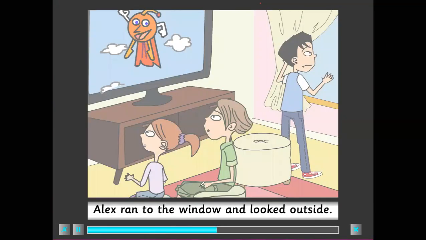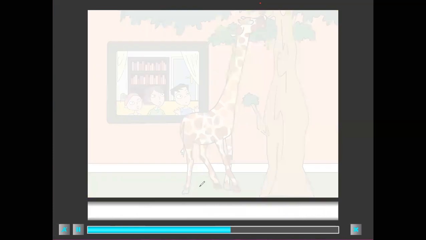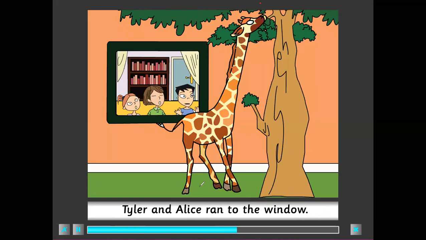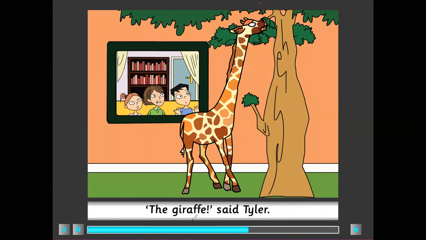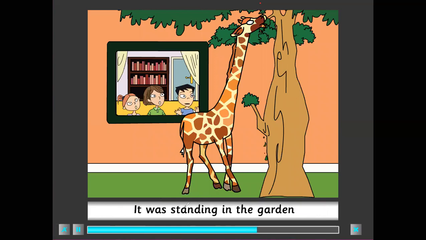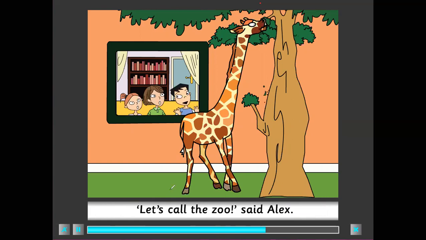I don't believe it, he shouted. Tyler and Alice ran to the window. They were very surprised. The giraffe, said Tyler. It was standing in the garden and it was eating some leaves from a tree. Let's call the zoo, said Alex.